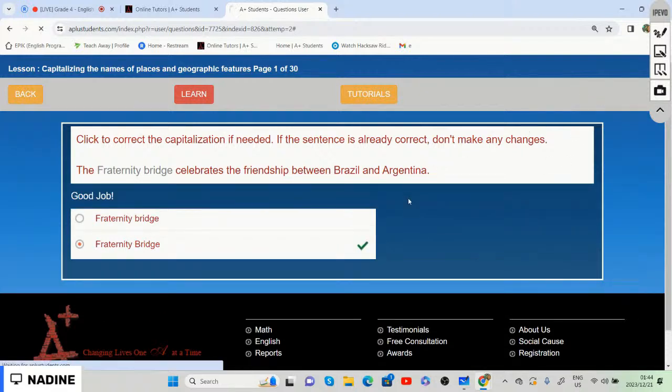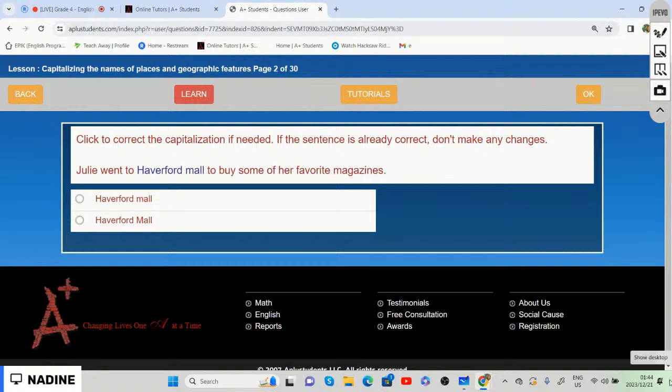And that one is correct. Julie went to Haverford Mall to buy some of her favorite magazines. If we capitalize Haverford Mall, then we're going to choose the second one.